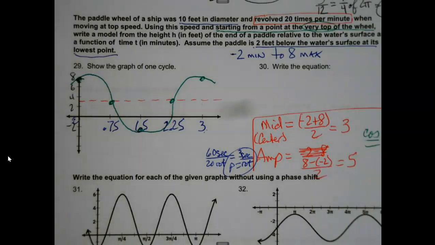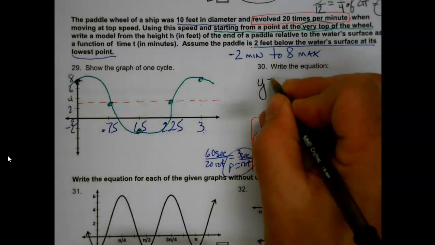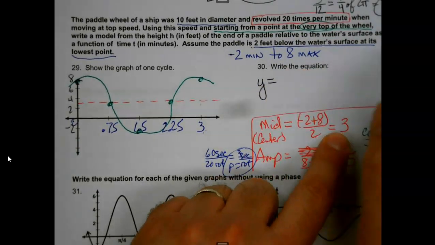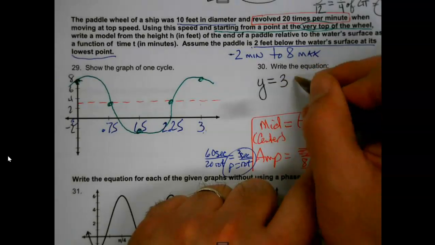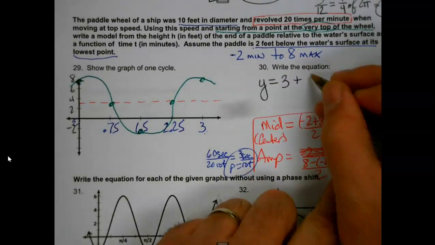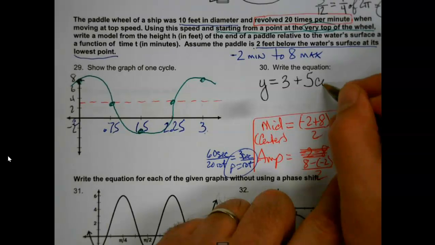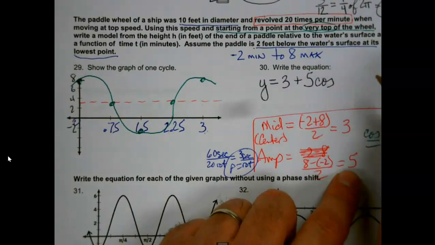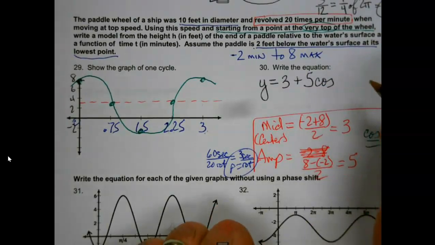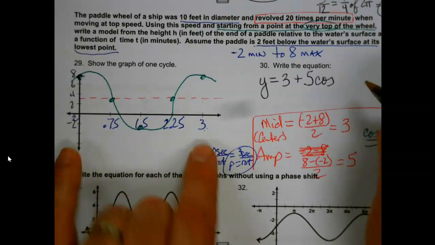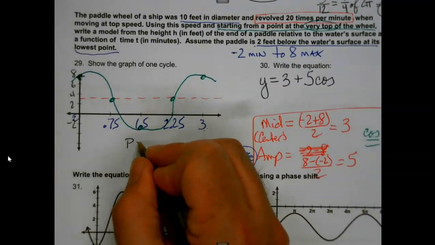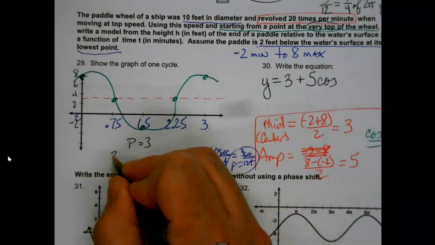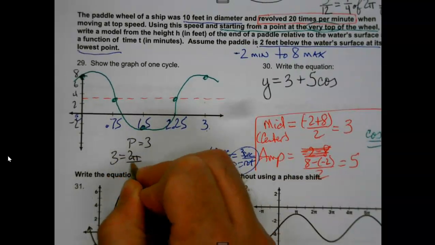And so once I get here and I'm looking for my equation now, center line's the start, my amplitude, it's a cosine graph. Now the one thing I haven't figured out yet is, I know what the period is, I don't know what b is. So if my period is 3, that's what 2 pi over b is going to equal.